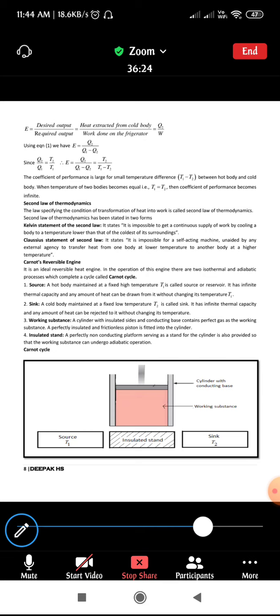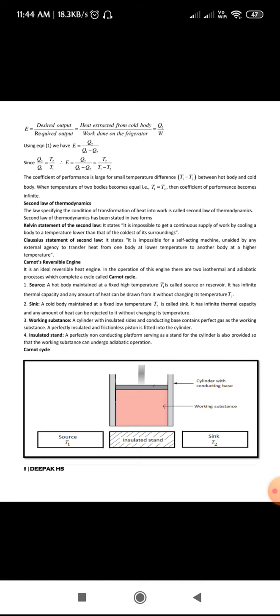Continuously you need to supply it. Only when some external work is done will the temperature inside the refrigerator be lower than the temperature of the surrounding. If you don't supply that continuous work, obviously the temperature inside the refrigerator will no longer be lesser than the surrounding.